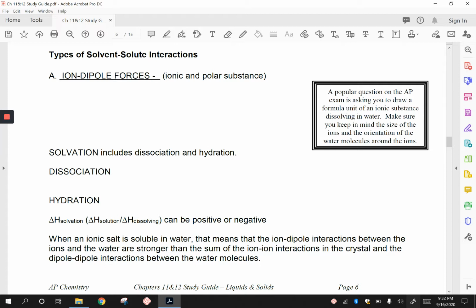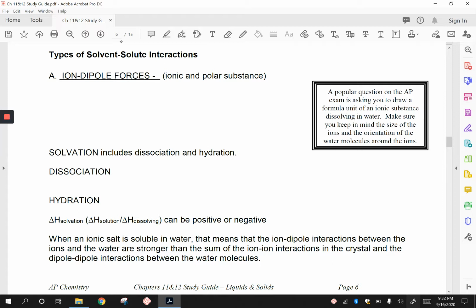Or the attractions between water particles are called hydrogen bonding interactions, right? But if I mix NaCl with water, then it becomes ion-dipole interactions, two words to describe it, because I have two different substances mixing together. So whenever you're mixing two different substances to make a solution, the solvent and the solute, we use one word to describe the IMFs of one and another word to describe the IMFs of the other one.